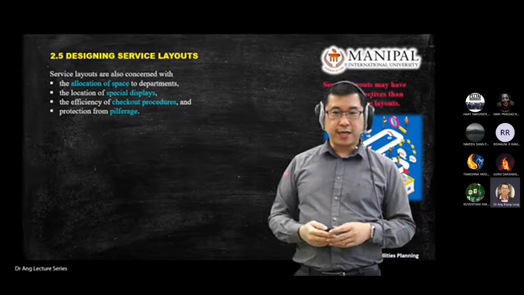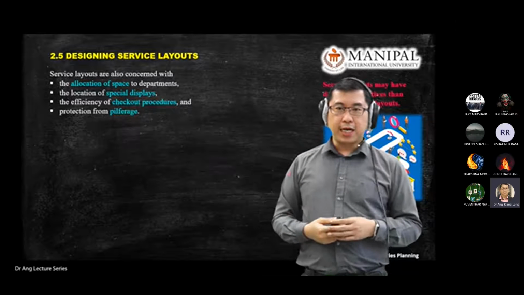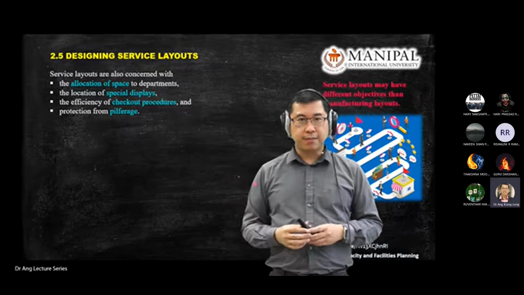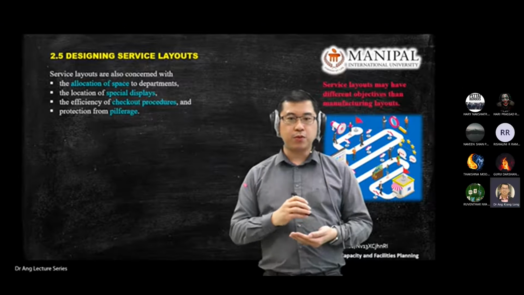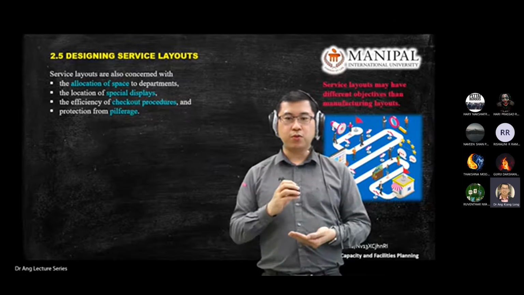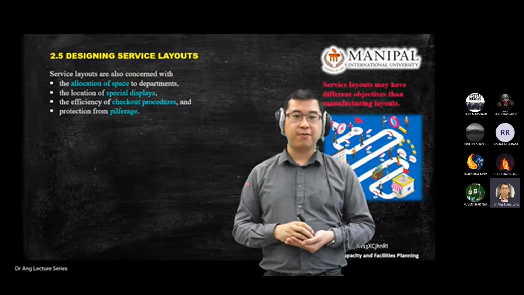So again, when you design the service layout, one of the main concerns if you go to work later on is the security, right? So how you safeguard your products, and also how to secure the safety of your staff, right?